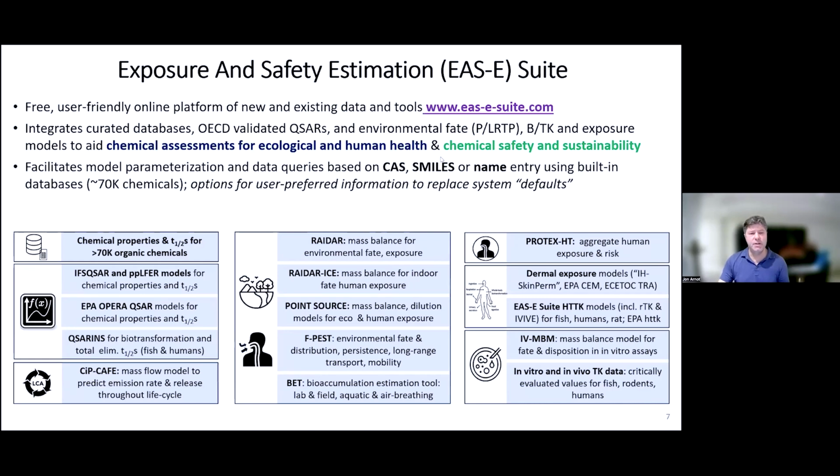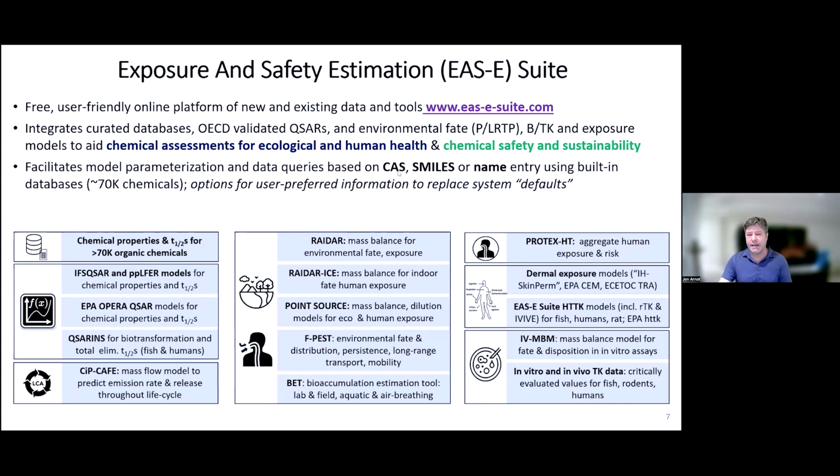Now, what Easy Suite is doing really is trying to get these tools accessible to people, but it's also making it easy for people to start using them. Anyone that's had to use a model may know that you have to go look for input parameters like chemical properties, reaction half-lives, things of that nature. And what we've done here is try to make it easier for people to get started.